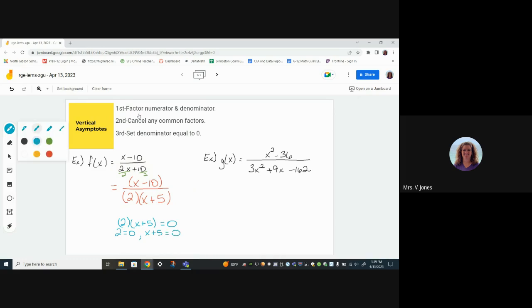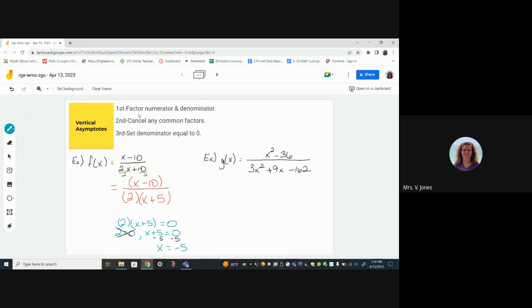Well, we know that 2 is not equal to 0, so that's not anything that we need to deal with. But over here we do need to solve, and we find that x equals -5.